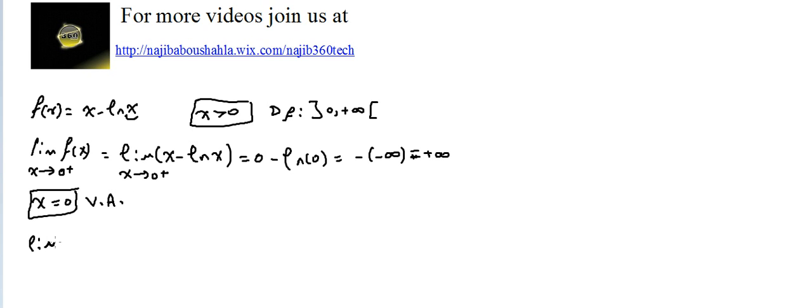And the limit of f of x as x approaches plus infinity is equal to the limit of x minus ln x as x approaches plus infinity, sorry.